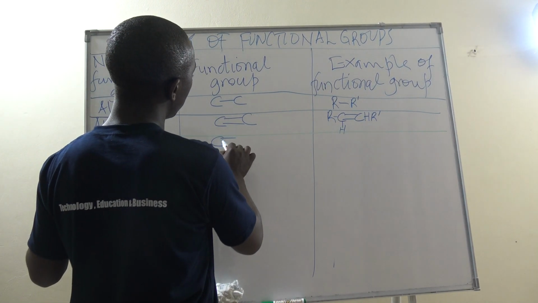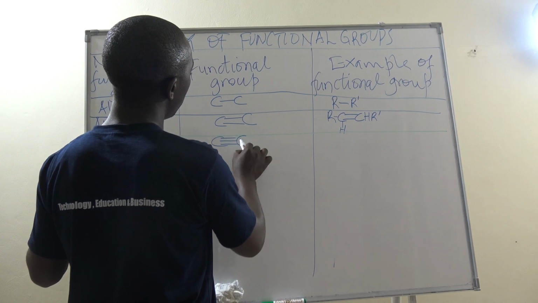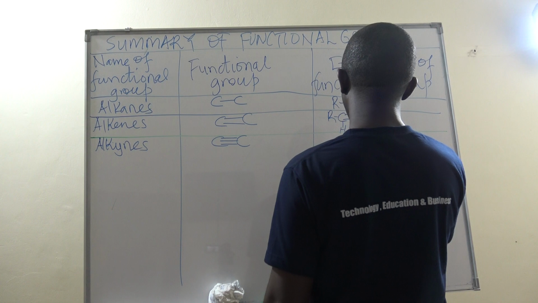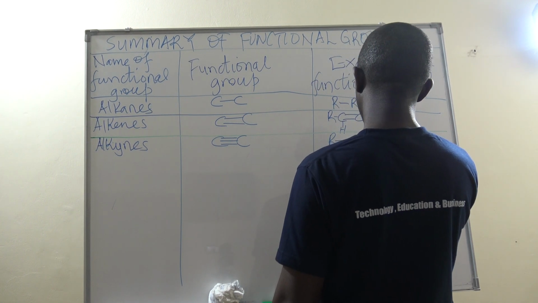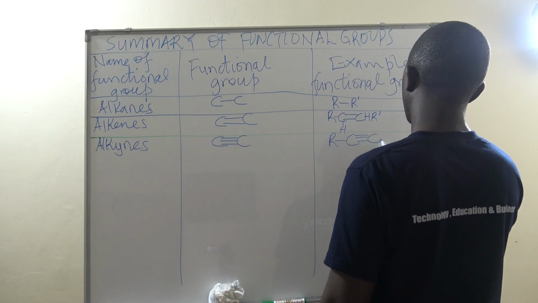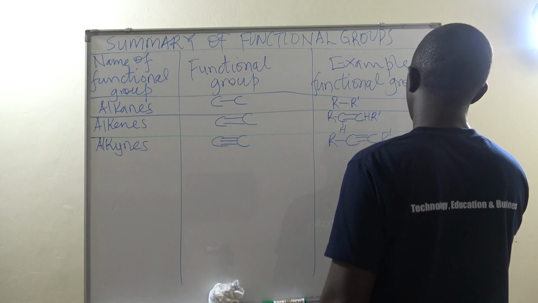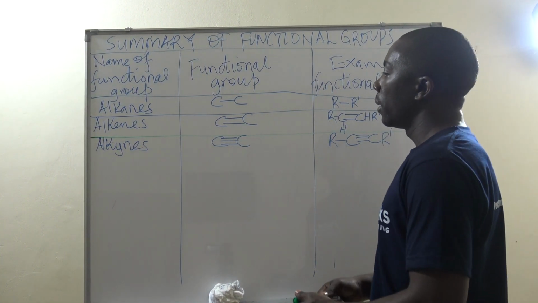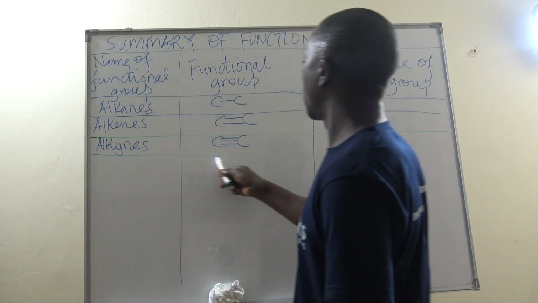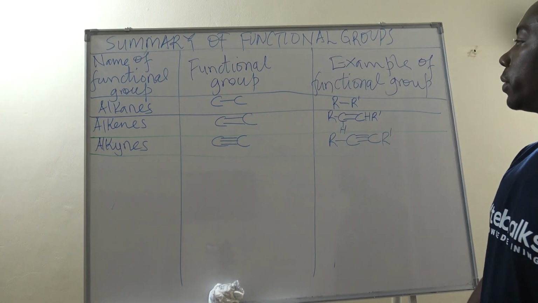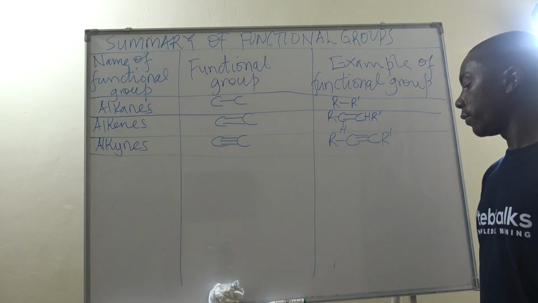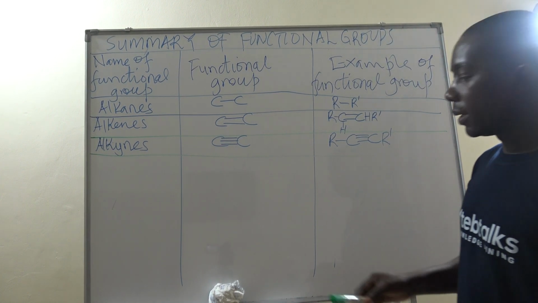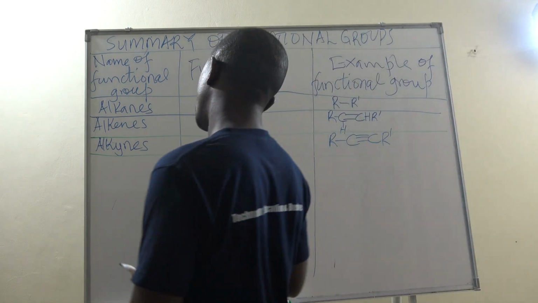Alkynes have a functional group of carbon-to-carbon triple bond, and we can represent alkynes like that. We are still looking at functional groups studied in organic chemistry. There are quite many, but so far we've looked at three, and we are progressing very well.